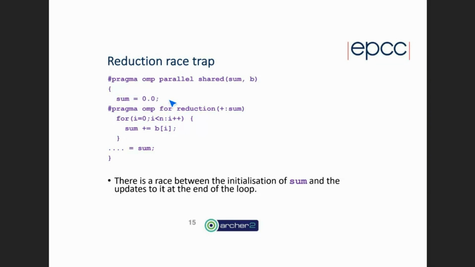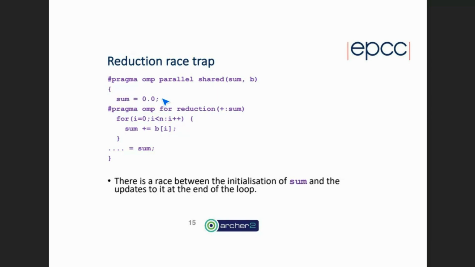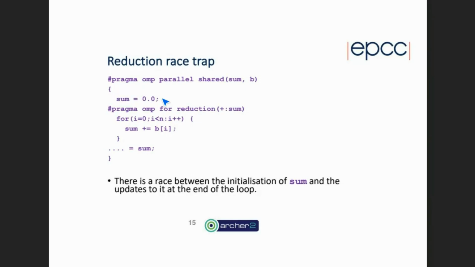So what can potentially happen is that one thread sets sum equal to 0 and then goes through all its loop iterations, adds its private copy of sum into the original value, and then sometime later some other thread comes along and sets it back to 0 again. So this is actually not safe. There is a race here. Again, you might get lucky. Some implementations of the reduction might be safe and others may not be, but you can't guarantee it.